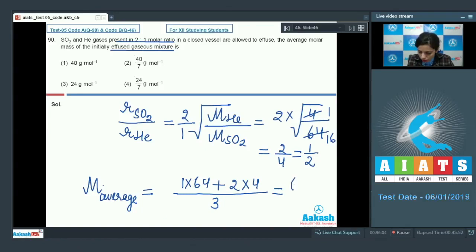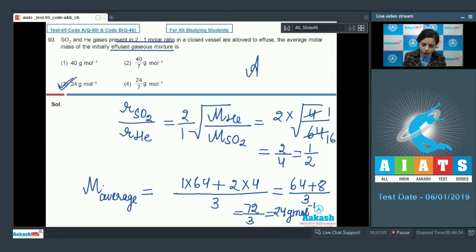Further, 64 plus 8 by 3, that is equal to 72 by 3, 24 gram per mole. This is the average molar mass of initially effused gaseous mixture, and that's why the correct answer is option 3.